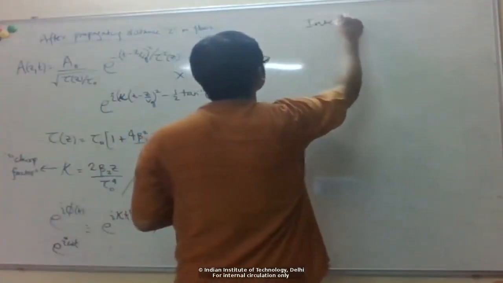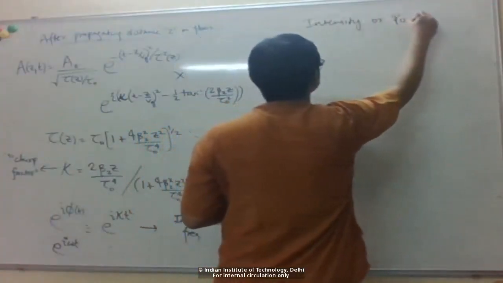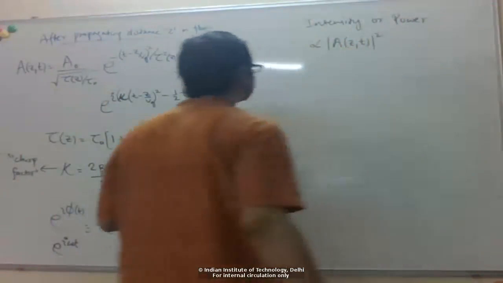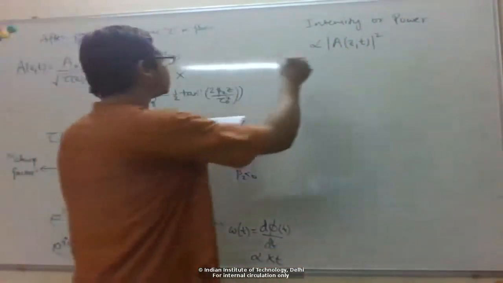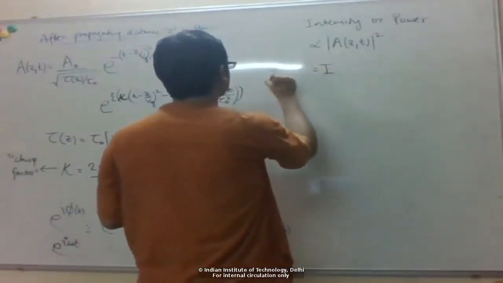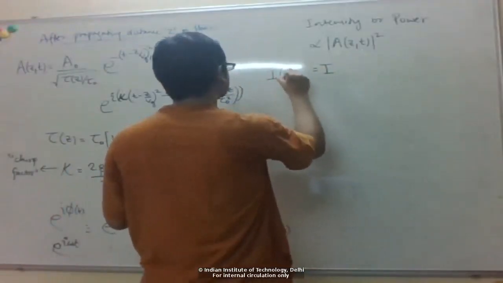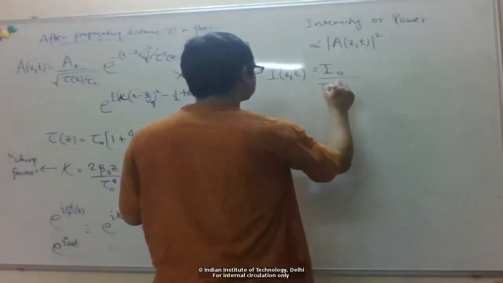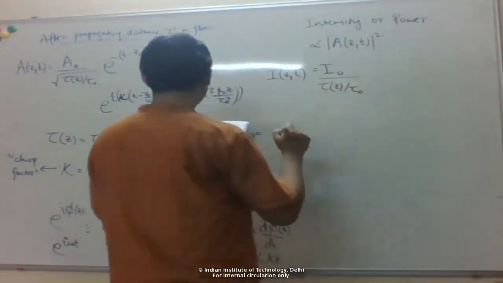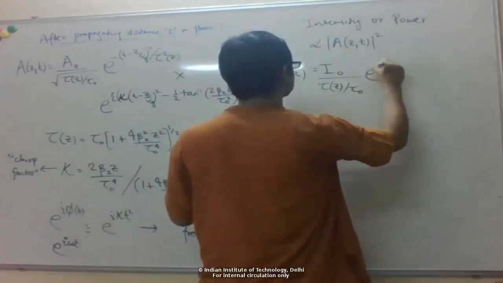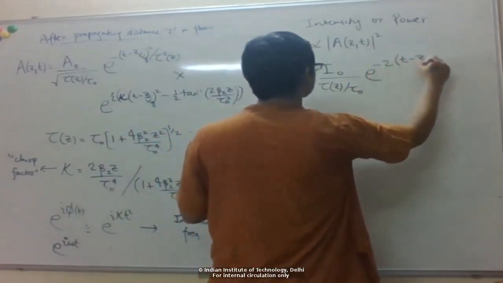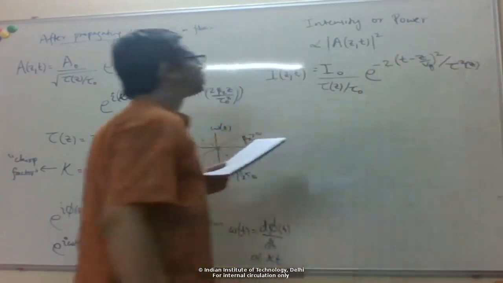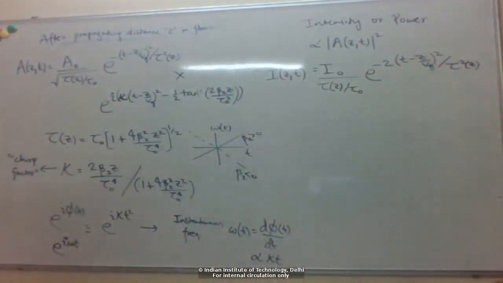So the intensity or power will be proportional to the mod square of this, and I of z comma t will look like I naught times this expression.